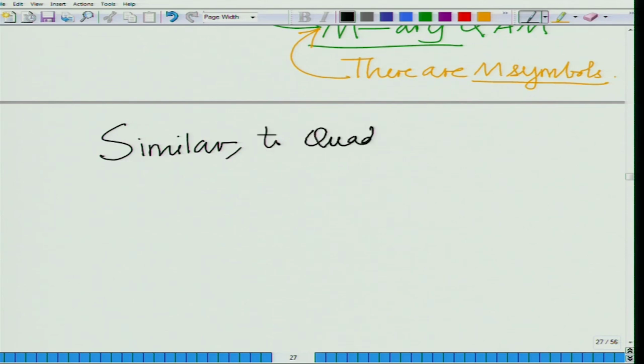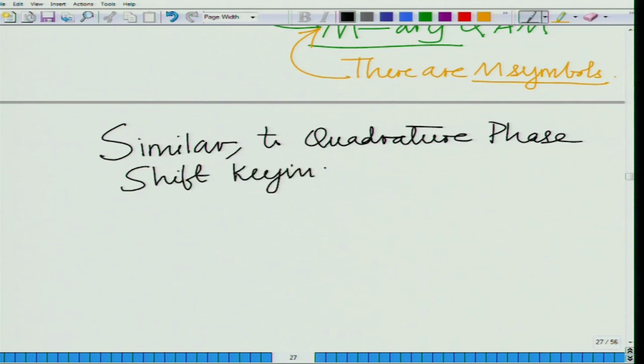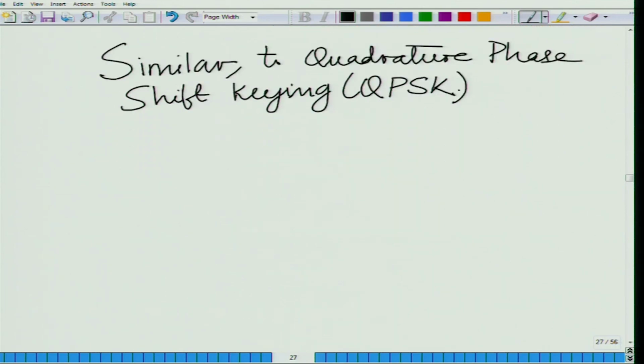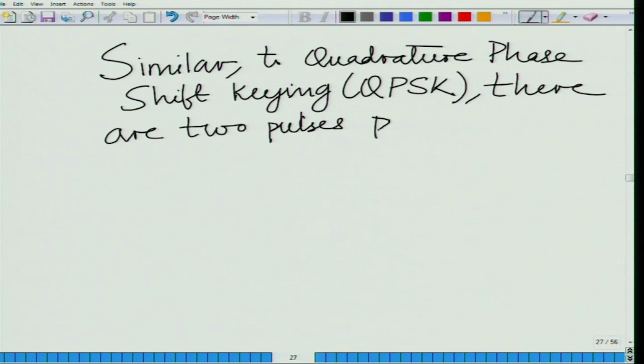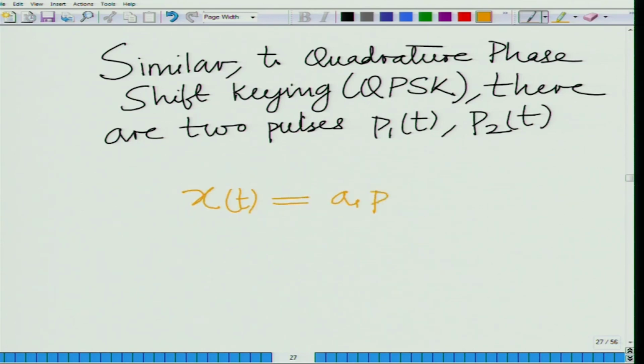Similar to quadrature phase shift keying, there are two pulses P1(t) and P2(t), which are orthonormal, and we have x(t) equals A1 times P1(t) plus A2 times P2(t).